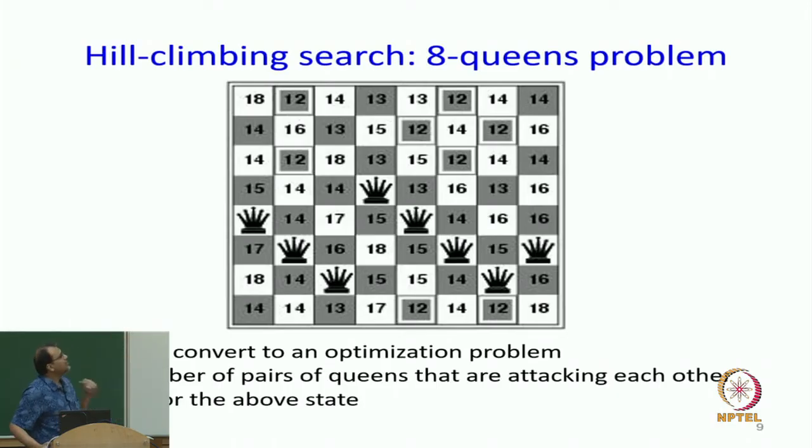Let us say I give you this state, this full configuration of n queens, 8 queens, and I say that you need to come up with some neighborhood function that takes you from this solution to a similar solution. Can you come up with one such proposal for neighborhood function? Yes, what is your name?